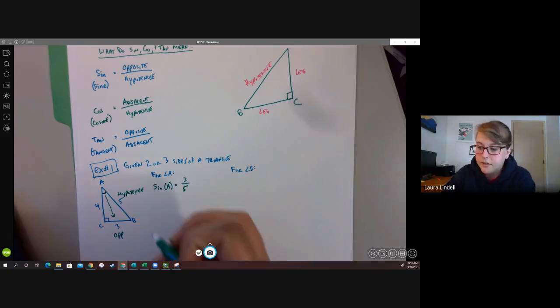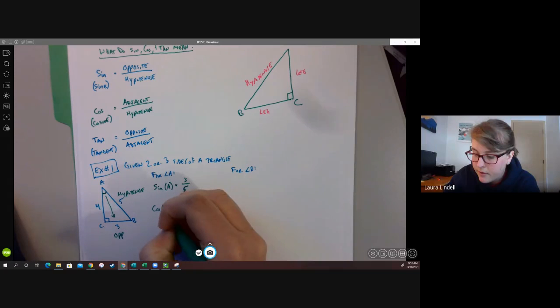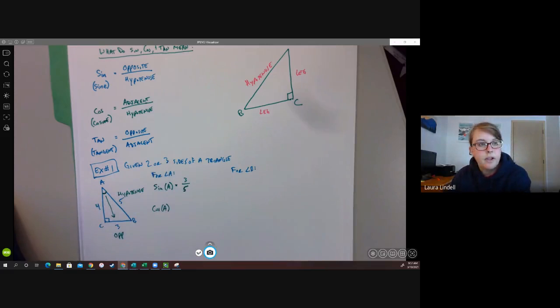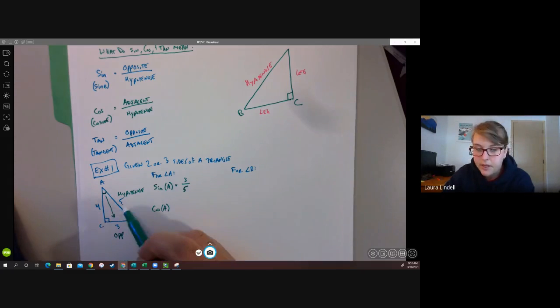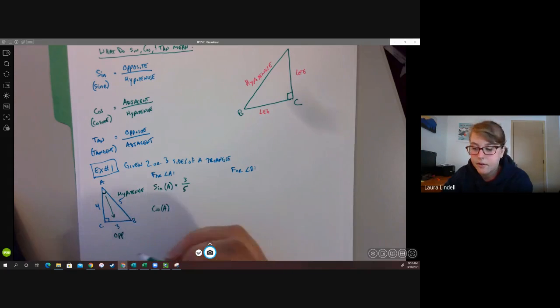We could also be asked for the cosine of angle A. Now for angle A, we've already identified the opposite and the hypotenuse. The remaining side is the adjacent one. Adjacent means that it's touching that angle, but it's not the hypotenuse.